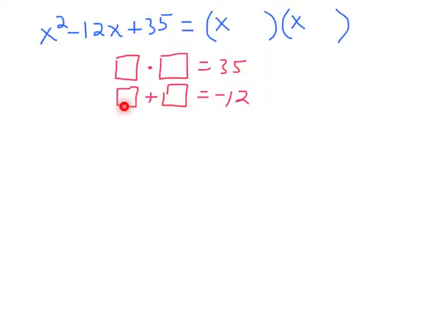And in order to add up to a negative answer, that tells you that both these numbers would have to be negative numbers. So you're looking for two negative numbers that multiply out to 35 and add up to negative 12. And hopefully after thinking about that a little bit, you can come up with that the numbers are negative 7 and negative 5.